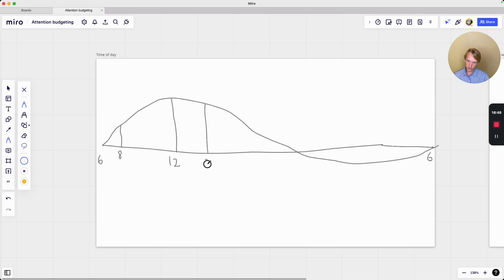And from noon to about 2, I've experimented with a few different ways to run my schedule, but I find that there's a mini slump in this period. This is something that people have been talking about. If you go to ancient, medieval diaries and things like that, people talk about, I think it's the midday demon or something. It's torpor.